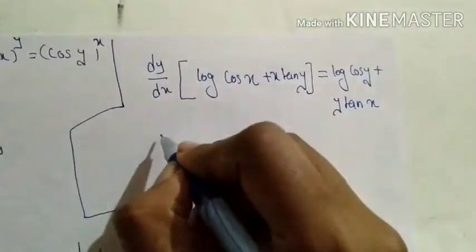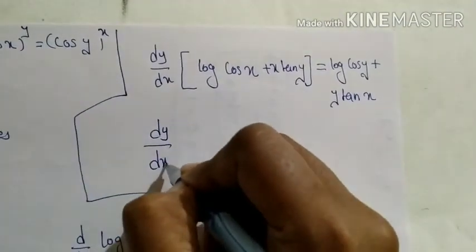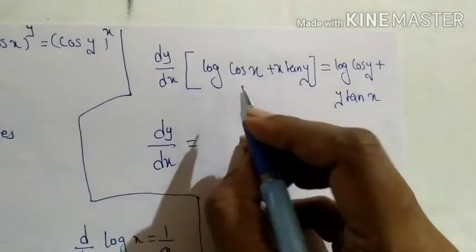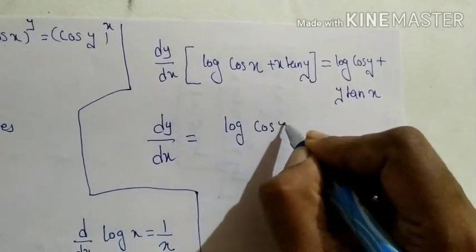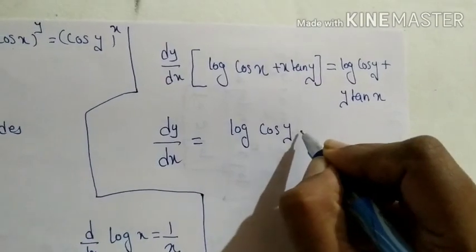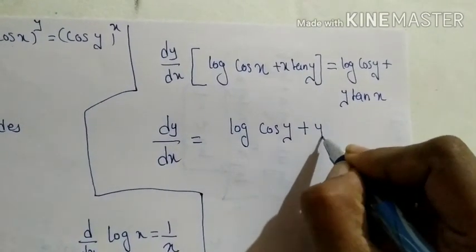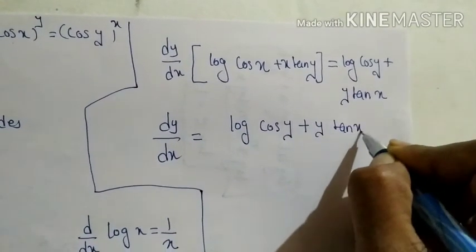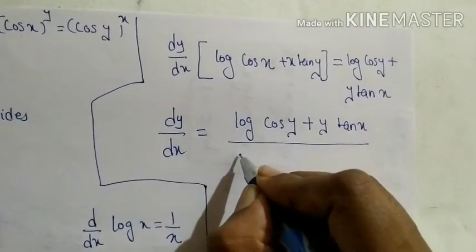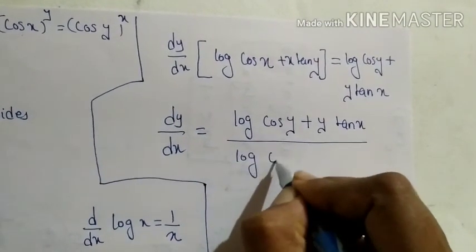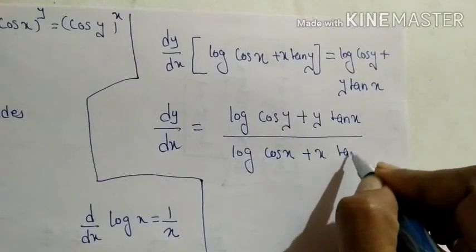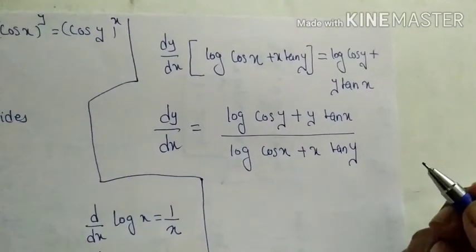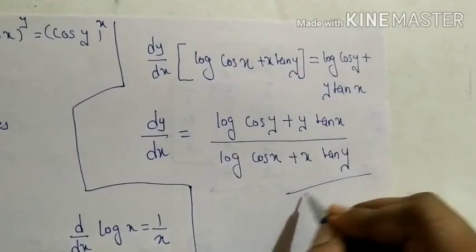So here we need to find dy by dx alone. So our final answer will be log cos y plus y tan x, whole divided by log cos x plus x tan y. So this is our answer.